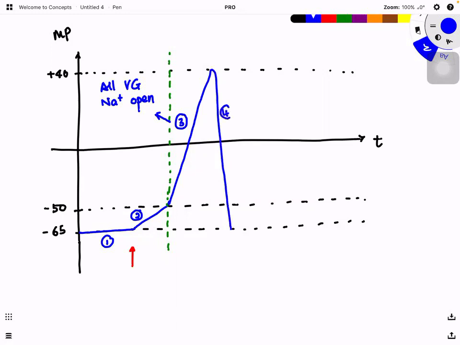At phase 4, we again won't be able to generate any action potential, because all voltage gated sodium ion channels are closed. What does this mean? It means they are all closed already.